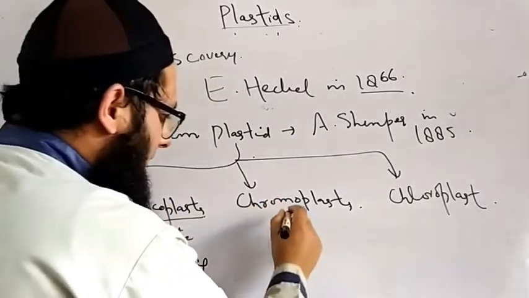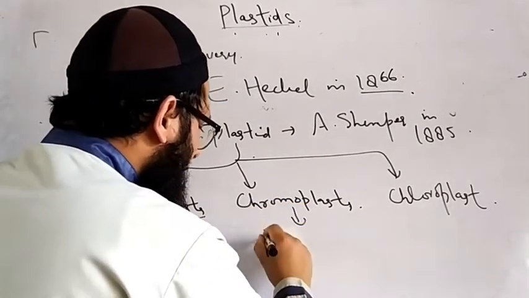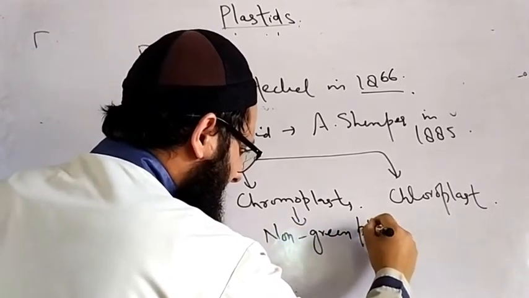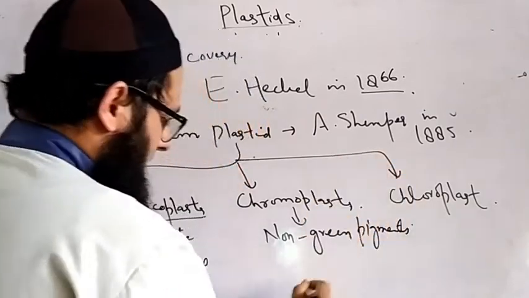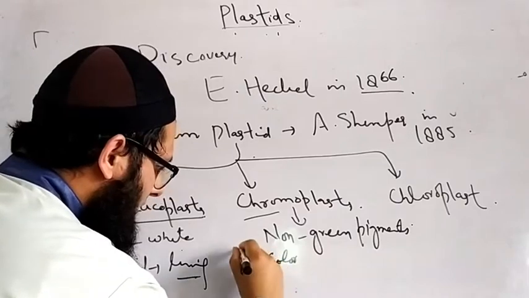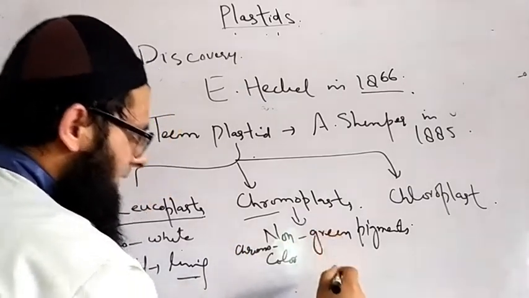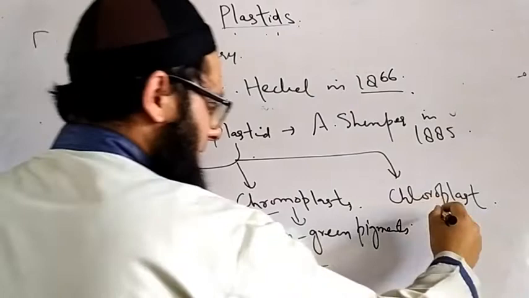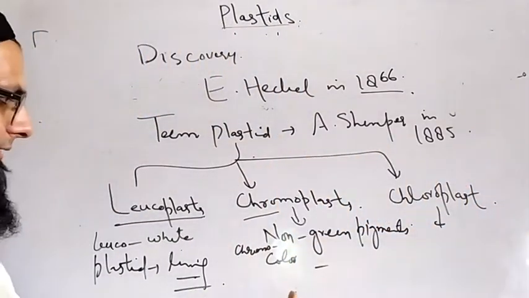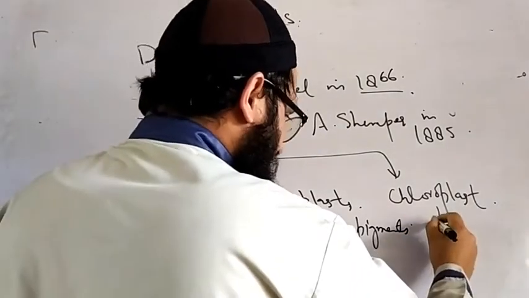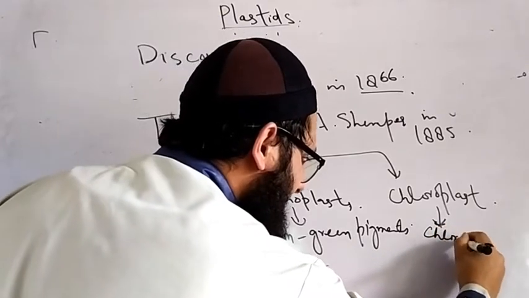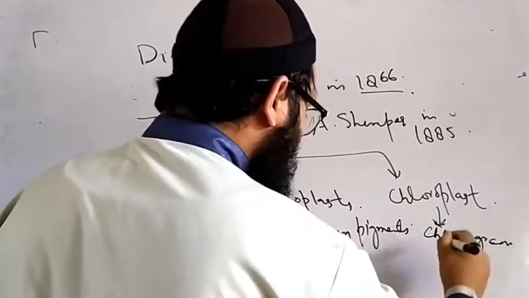However, when we talk about the chromoplast, they have non-green pigments. Chromo means color, plastids living. Similarly, when we talk about the chloroplast, chloro means green, they contain green pigments.